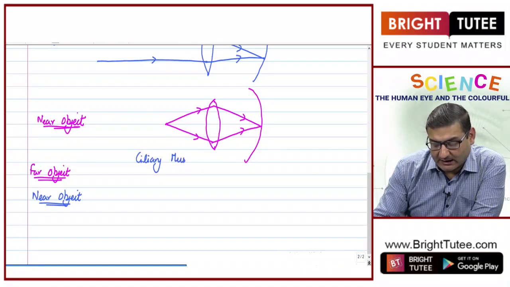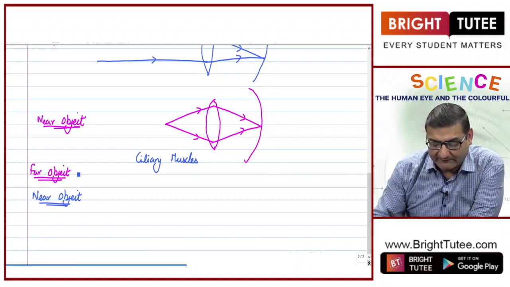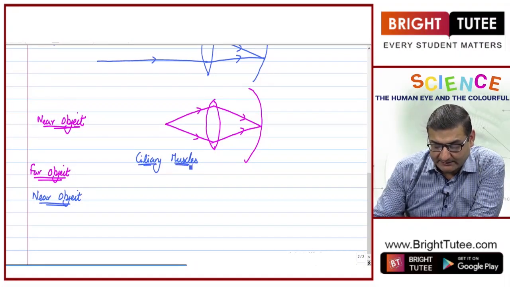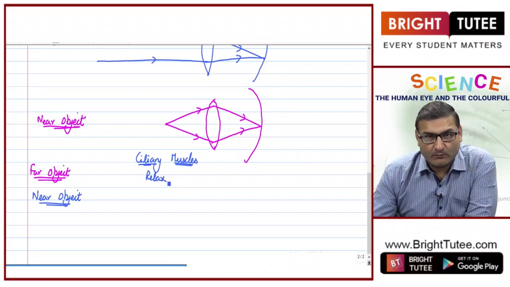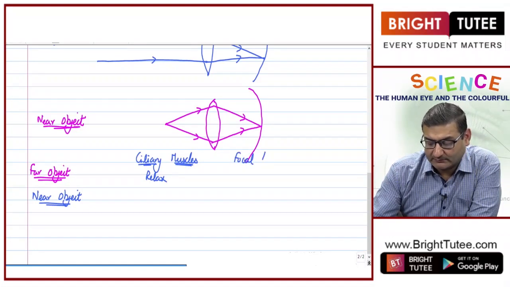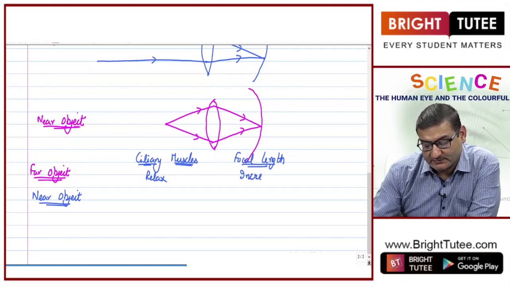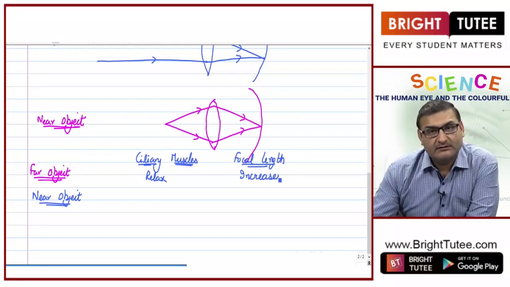These are our ciliary muscles. When I am looking at a far object, these ciliary muscles relax. When they relax, the focal length of our eye lens increases.